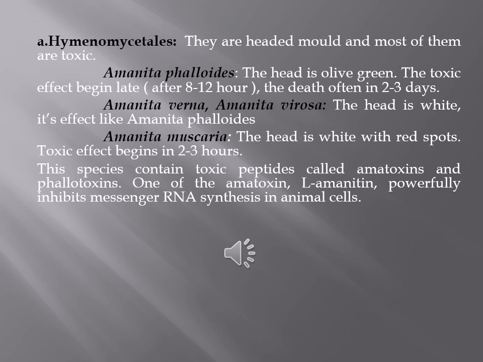Amanita verna or Amanita virosa. The head is white. Its effect is like Amanita phalloides, with the same sequence as phalloides. Amanita muscaria. The head is white with red spots. Toxic effect begins in 2 to 3 hours.